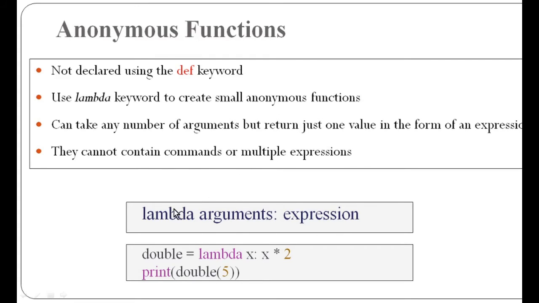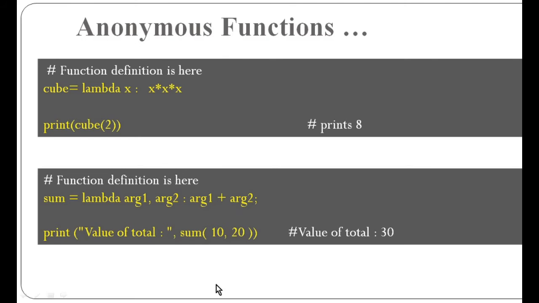The syntax is like this: lambda, arguments, and then the expression. For example, double is equal to lambda x colon x star 2, and you are calling the function like this: print double of 5. So x will take the value 5 and that expression will be evaluated. So 5 star 2, it will be printed as 10.